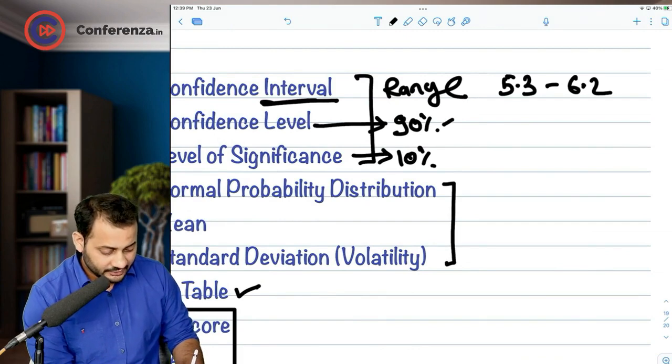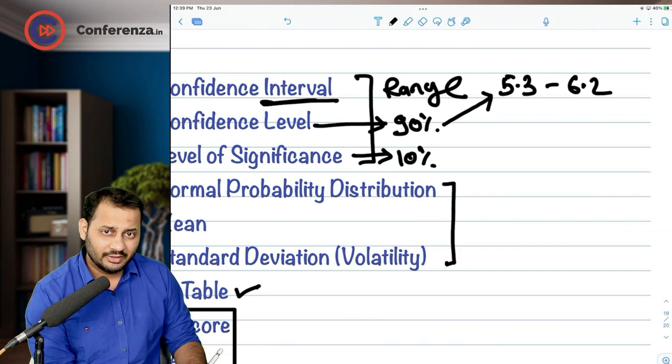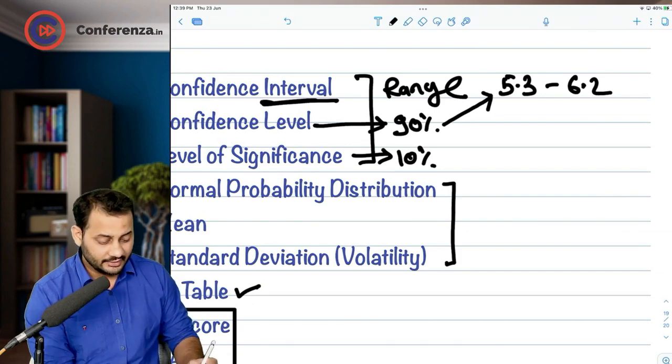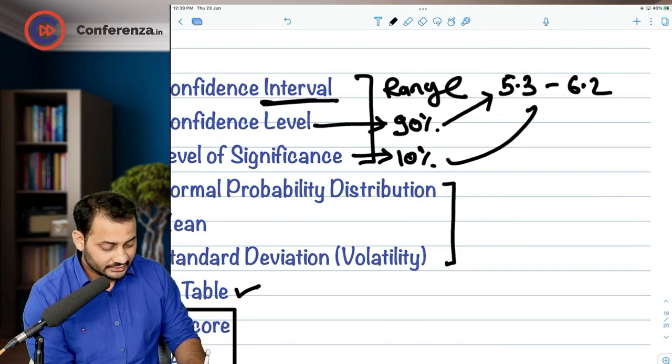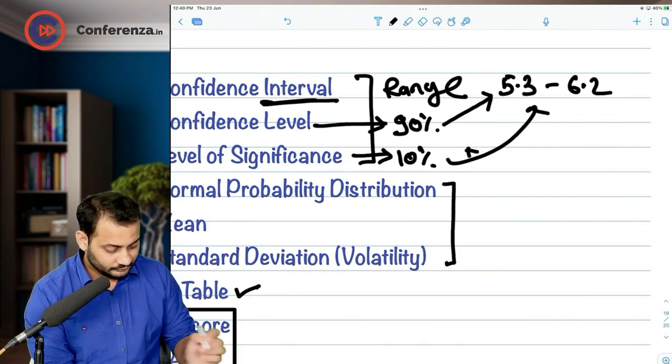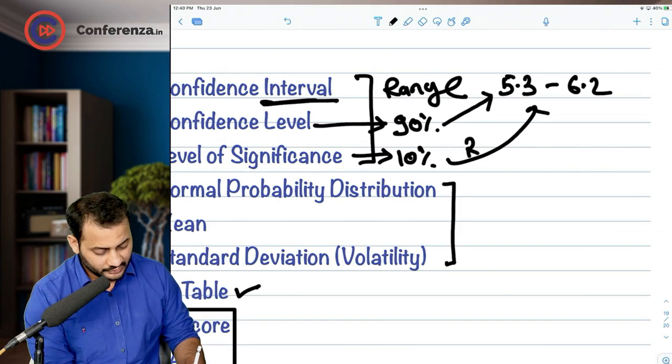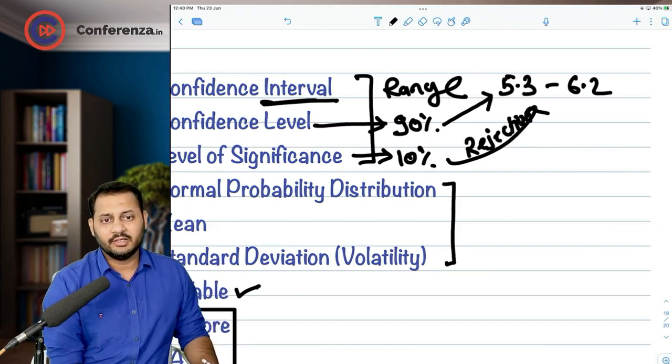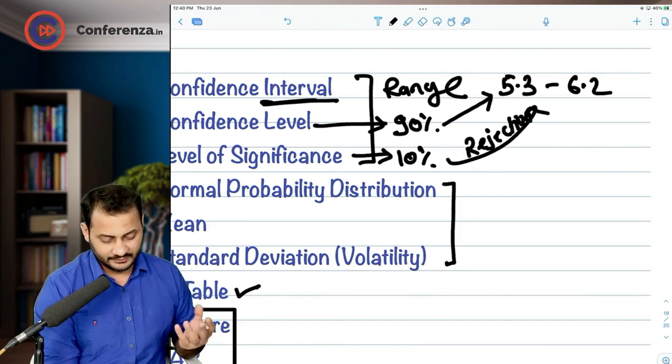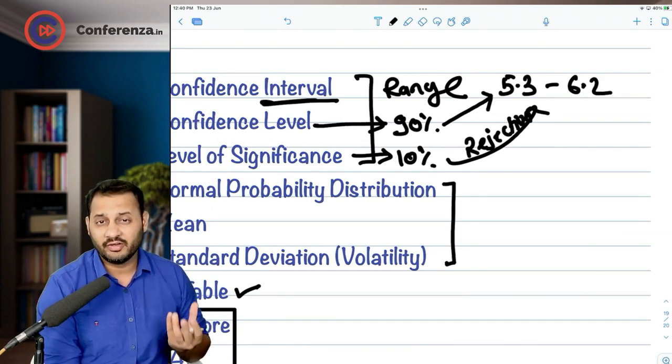There is a 90% chance that anyone you pick and measure will fall under this category. That means there is a 10% chance that it will not fall under that category. So there will be rejection to this extent. That 10% will give you the opposite answer, one that is not favorable to you.